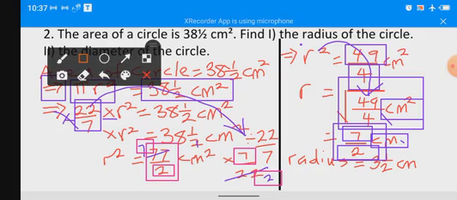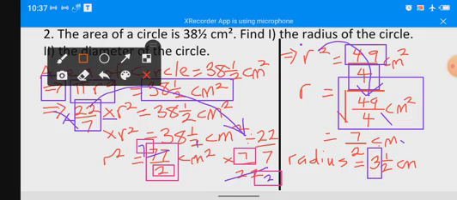How many 2s would you find in 7? That is 3, remainder 1 over 2. That's how you convert to a mixed number. So that is the radius.